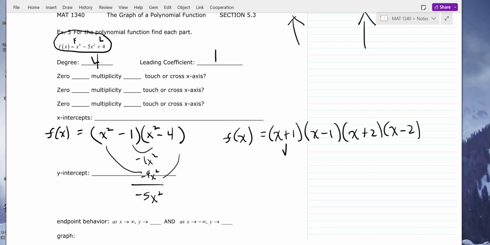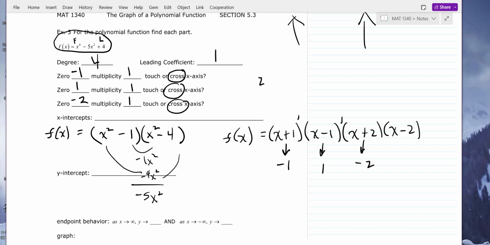So what we have here is that 0 is negative 1. So we'll have a 0 of negative 1, multiplicity of 1, which will tell you cross. We have a 0 of 1, has a multiplicity of 1 again. That'll tell you cross again. You have a 0 of negative 2, multiplicity of 1, cross again.